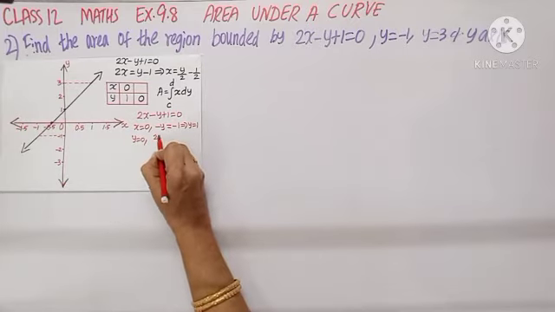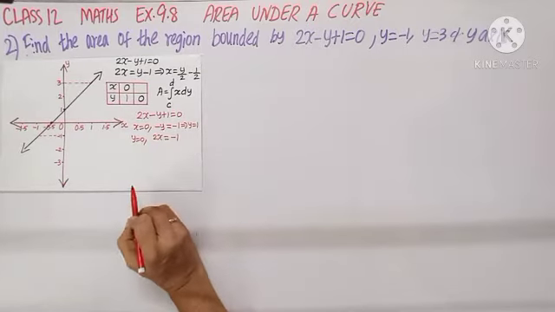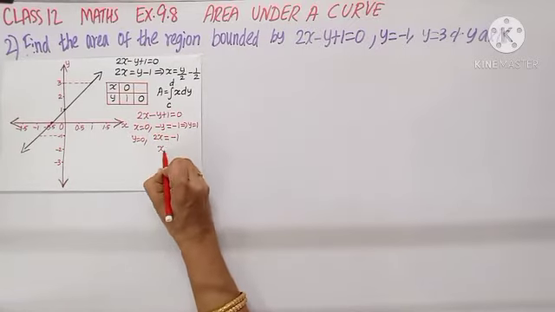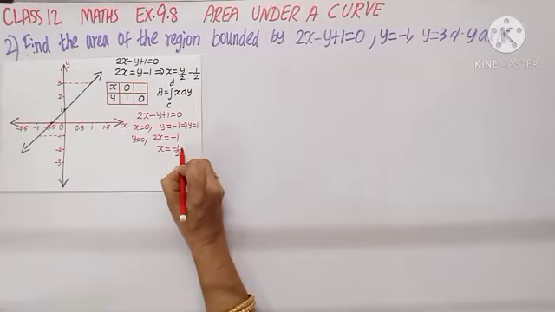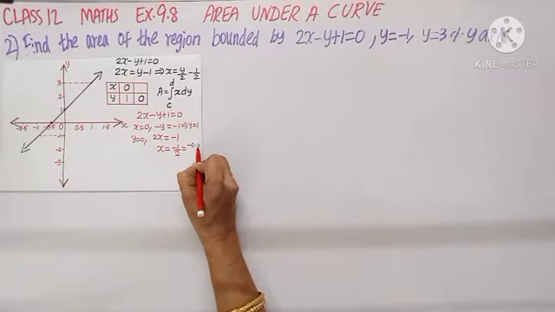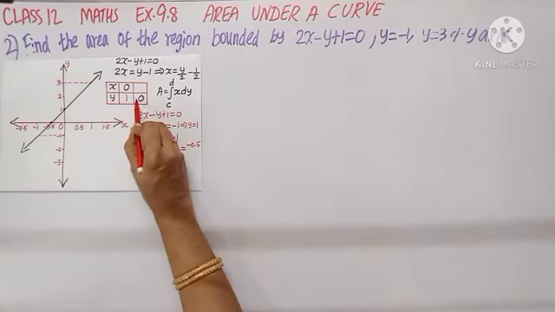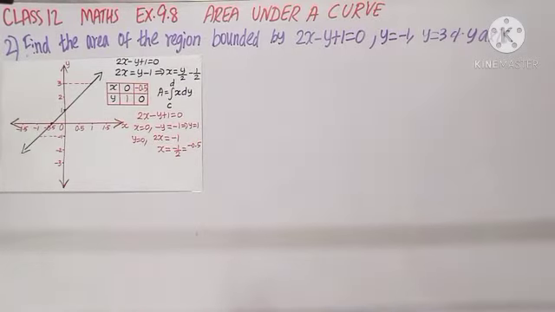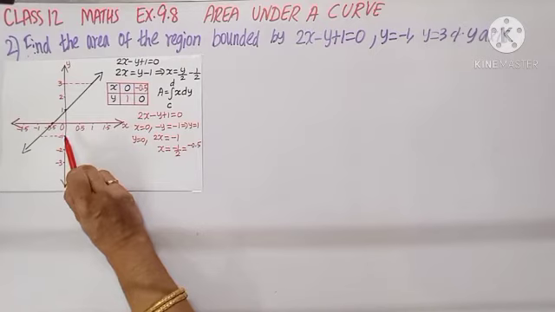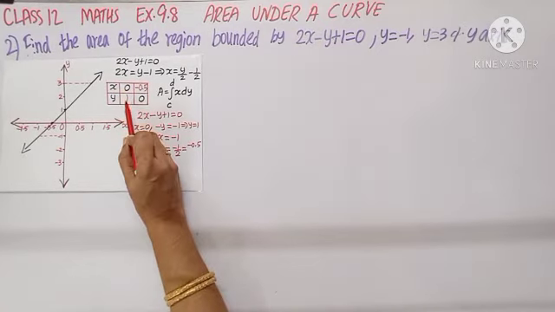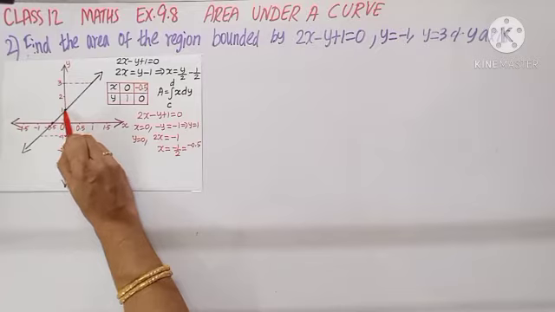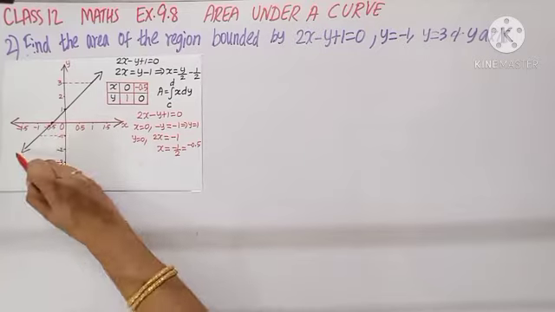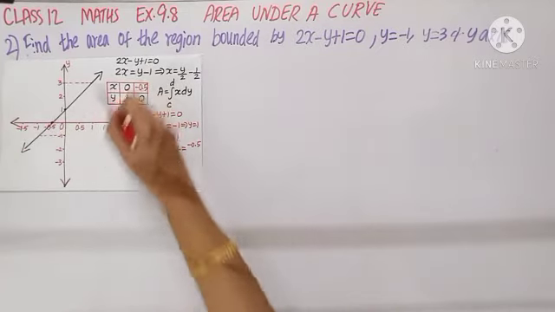Now I get 2x equals minus 1, or x is equal to minus 1 by 2, or I can say minus 0.5. So when y is 0, x is minus 0.5. Plotting the 2 points in the coordinate axis, 0, 1 is plotted, and minus 0.5, 0 is here. Join the 2 points and extend the line.